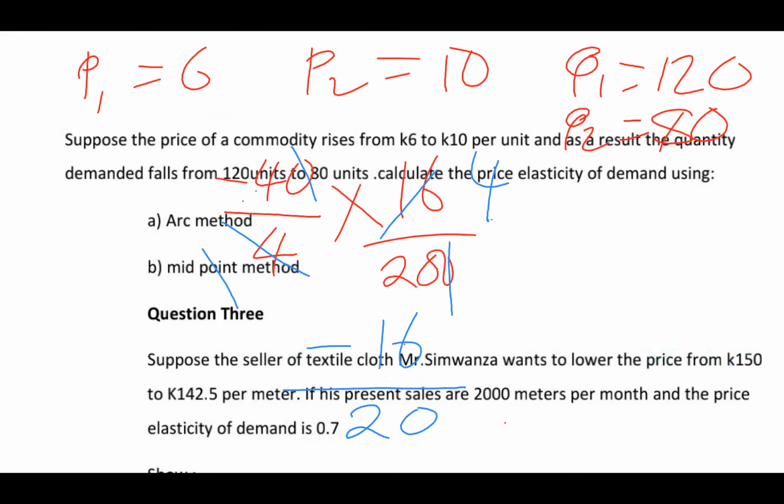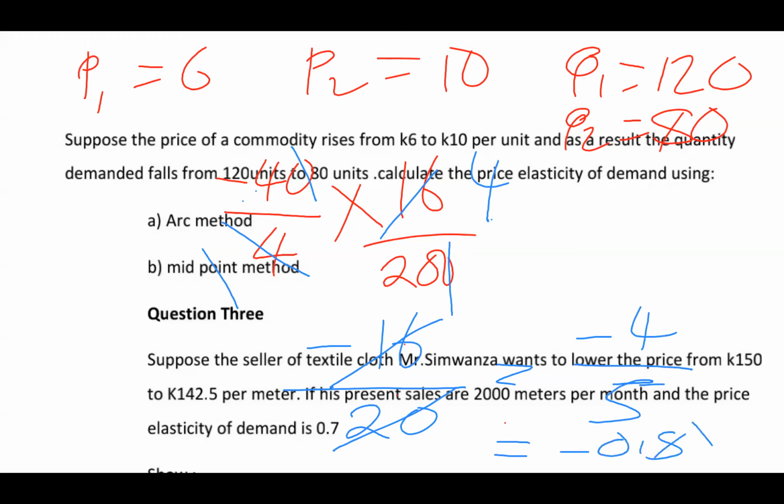Okay, so what do we have? 4 into 16 goes 4 times, 4 into 20 goes 5 times. So we have negative 0.8.